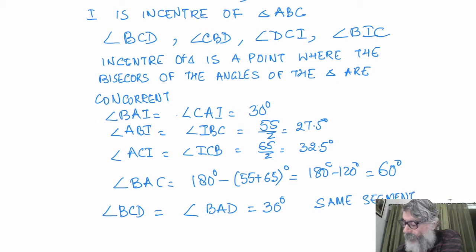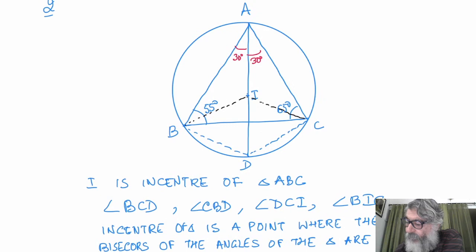You will see here, I'll take another color, red. If this angle is 30, then this angle is also 30, because BD is the base on which triangles BAD and BCD are made. Similarly, DC is the base, so DAC and DBC will be equal.